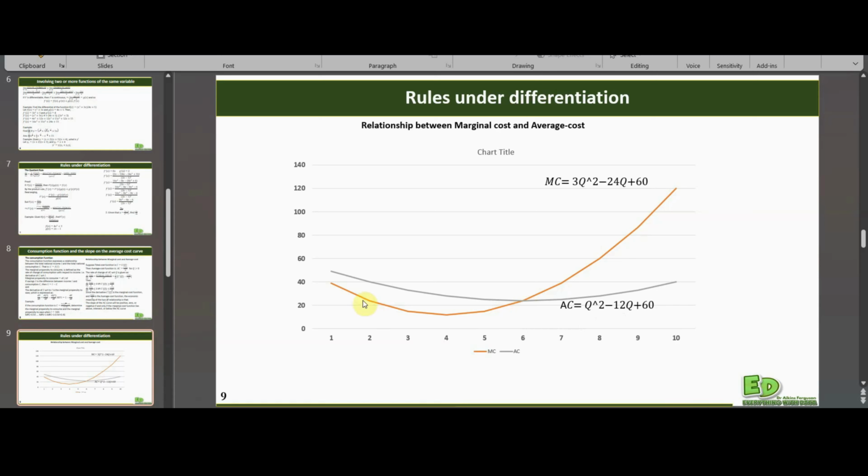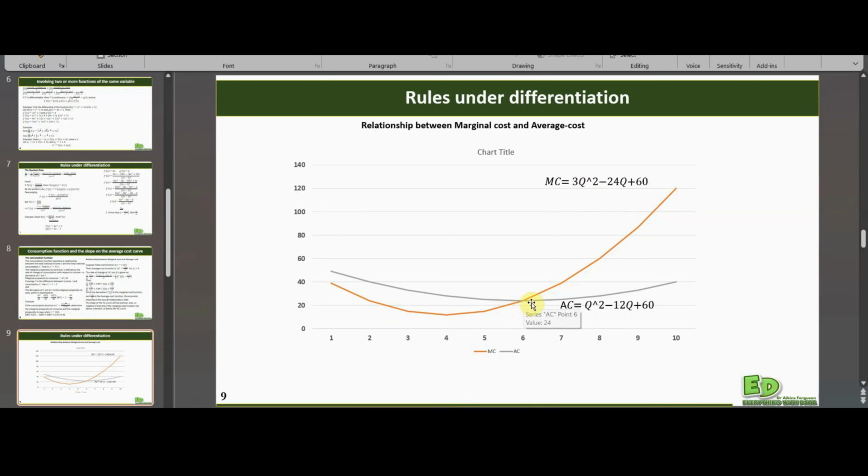So the minimum point I'm talking about here, where they intersect, you see the minimum point, value 24. Equating the derivative of this marginal cost function to 0 will give you the minimum point.